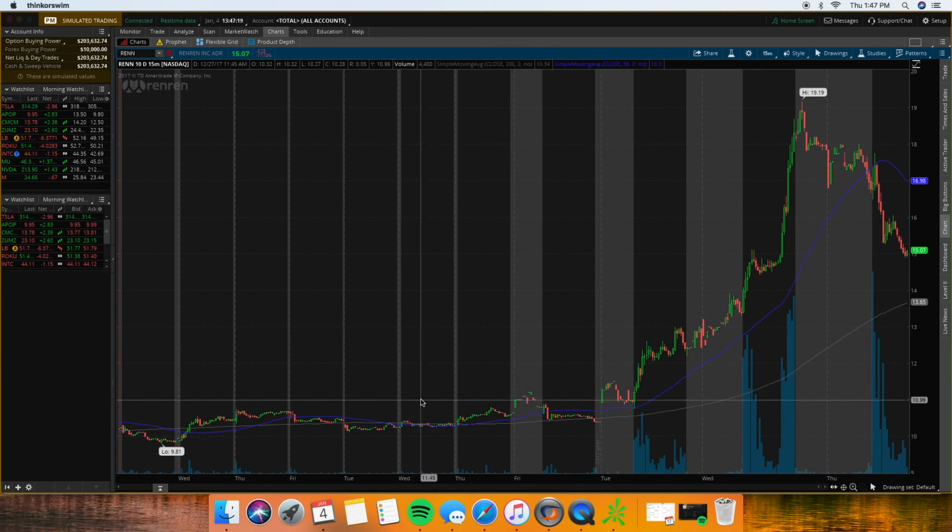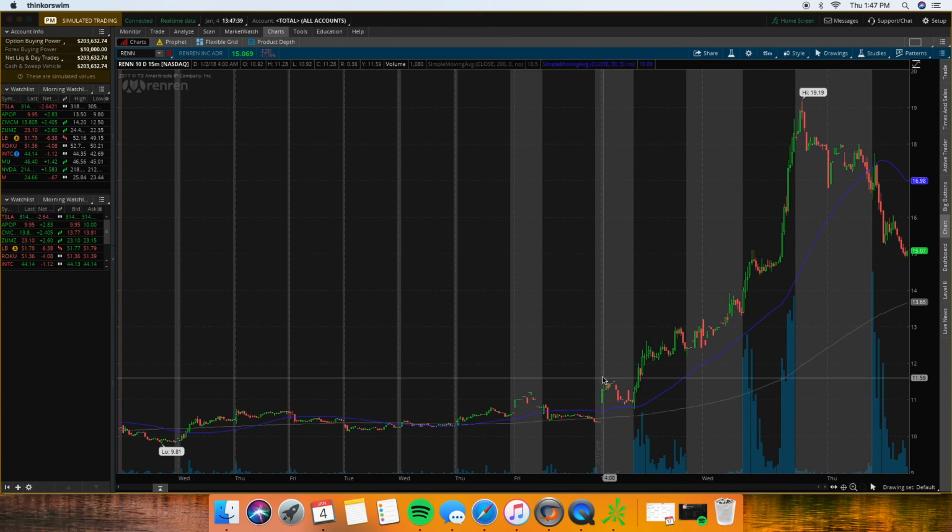So you're looking for resistance to break. Let's see, somewhere around here. I guess if you're taking a day trade on it, you could take it right here around the, let's see, this is the $12 mark.